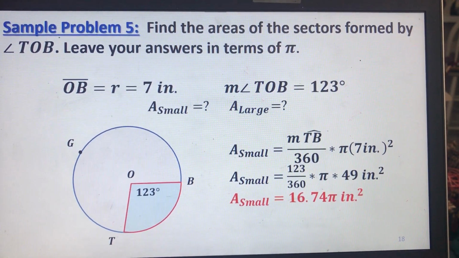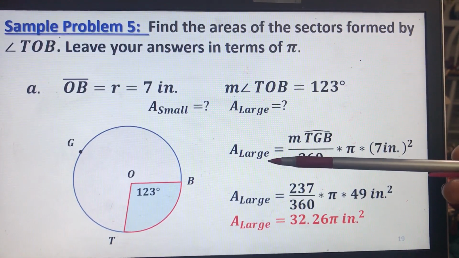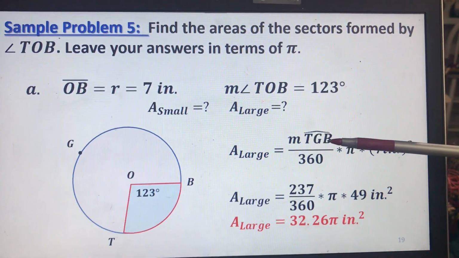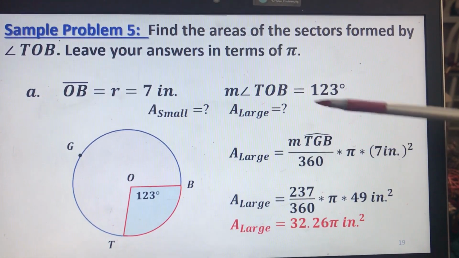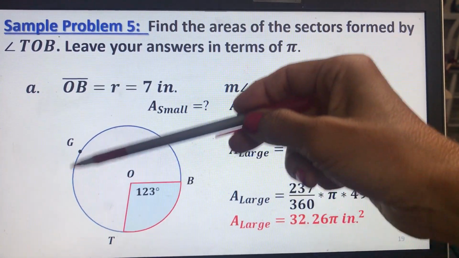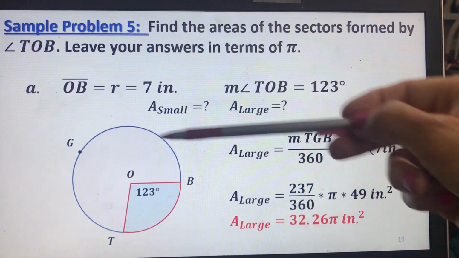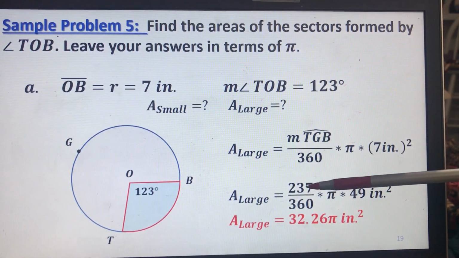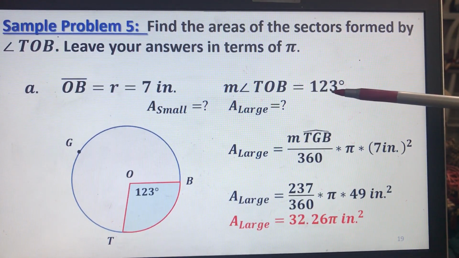Now, in order for us to find the area of the larger sector, we do the same thing. But instead of using in our formula the measure of the minor arc, we're going to use the measure of the major arc, which is TGB or BGT. So that's going to be 237. Remember, this was 360 minus 123.